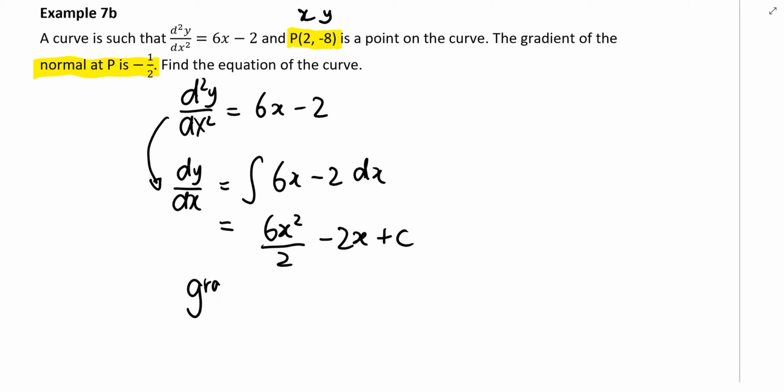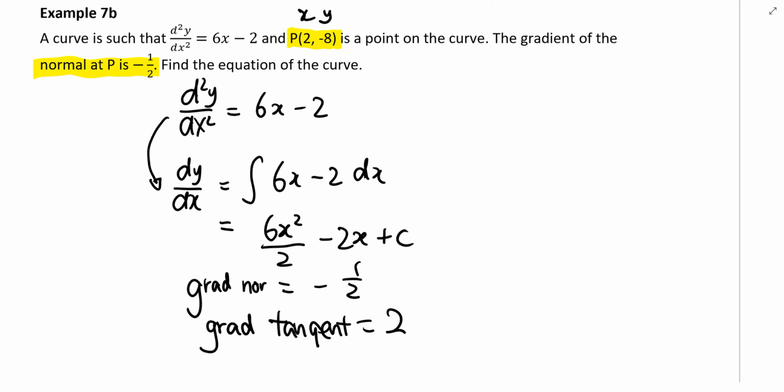So if the gradient of the normal is equal to negative half, dy/dx will equate to the gradient of the tangent. So the gradient of the tangent is equal to the negative reciprocal, which is 2. Now you can sub in x equals 2 and dy/dx equals 2 into this equation.